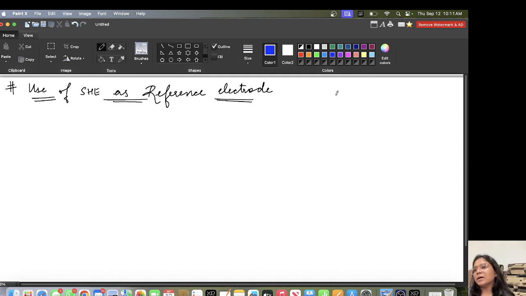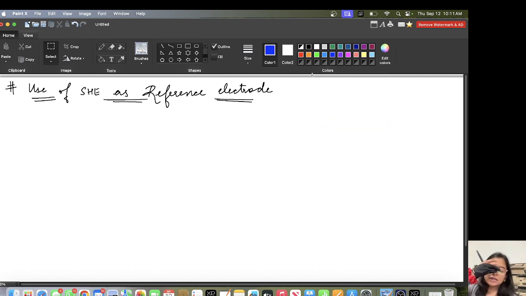Do you remember, when we were doing this electrode potential topic, I told you zinc will have some value, Zn2+ will have some value, right? The electrode potential values and all. So how do we actually determine it?